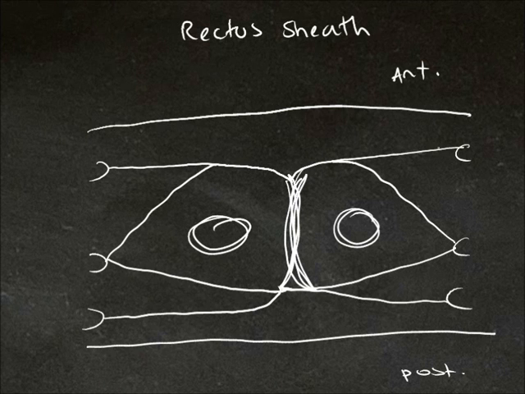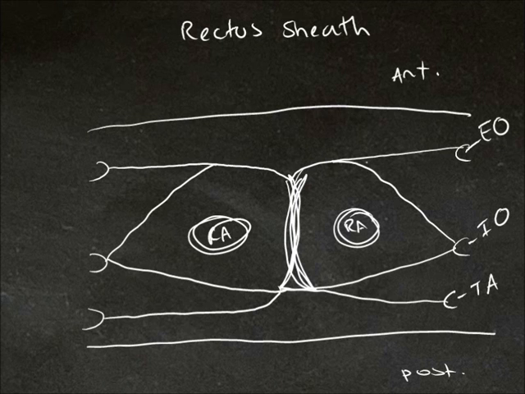On the lateral edges, we have linea semilunaris. So just to summarize, we have external oblique, internal oblique, and transversus abdominis. Here we have rectus abdominis.